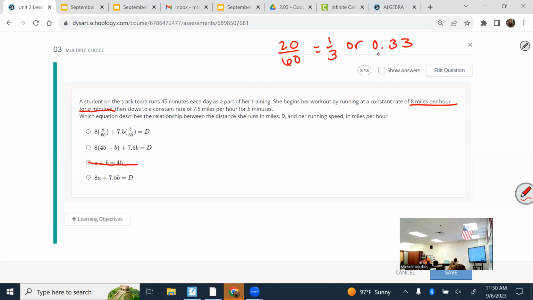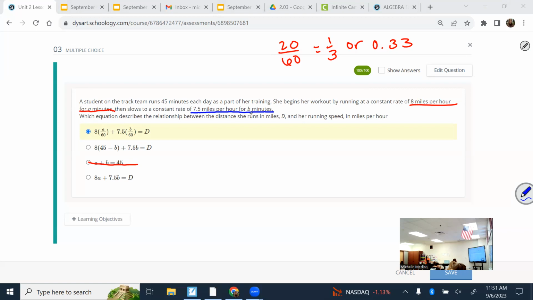A. All right, because since the speed is in miles per hour, but they're timing it by minutes, we now have to change that minutes to hours, which is going to make sense. And then we can figure out the distance for however long she ran for that much. And then for the other part, she ran at a rate of 7.5 miles per hour for B minutes.